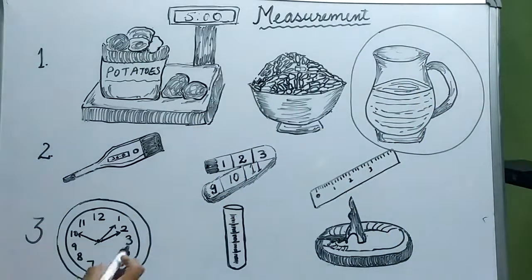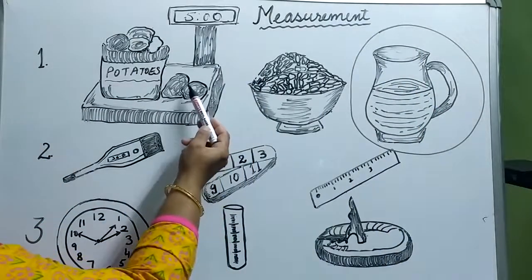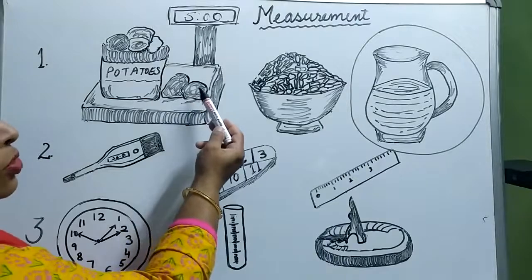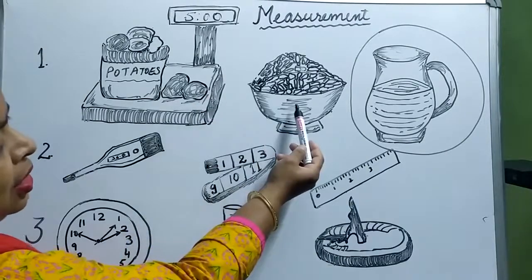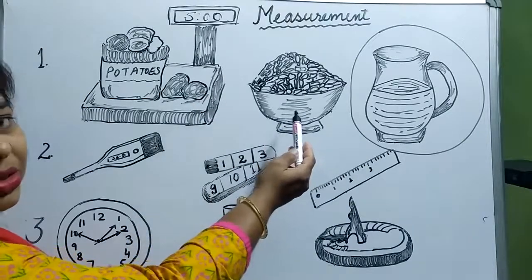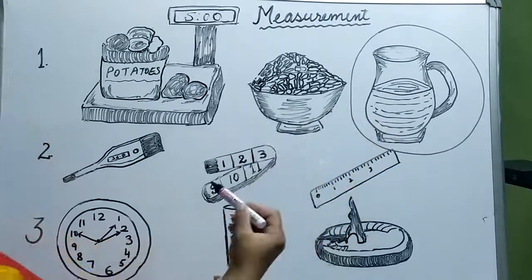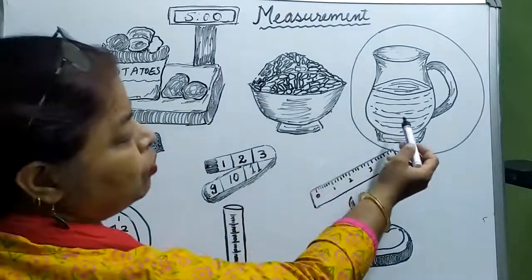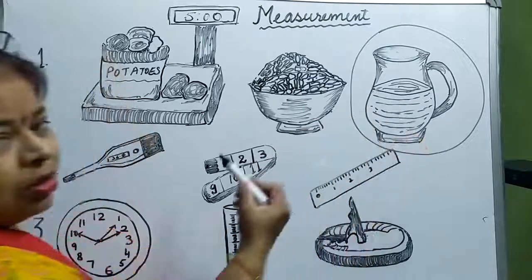Now, here we are measuring the mass of the potatoes. Here again, some solid is being measured. But what about this? Here we are talking about the volume of the water.